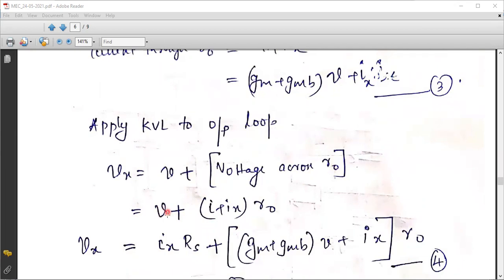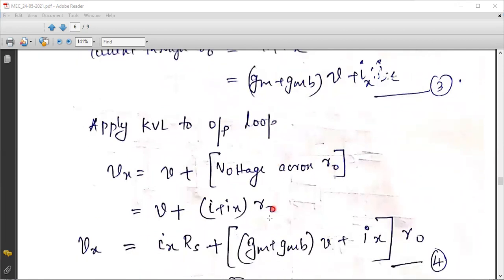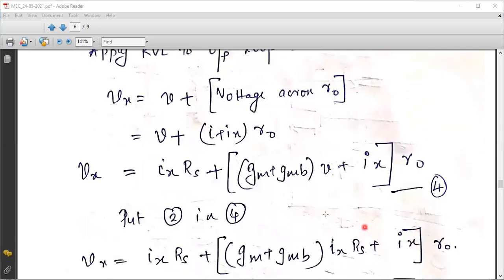From equation number 2, you know that V is Ix into Rs. And you know the expression for I plus Ix from equation number 3. Substitute 3 and 2 in this equation and rewrite it. Again, you are finding V here. That V also can be replaced as Ix into Rs, from equation number 2.